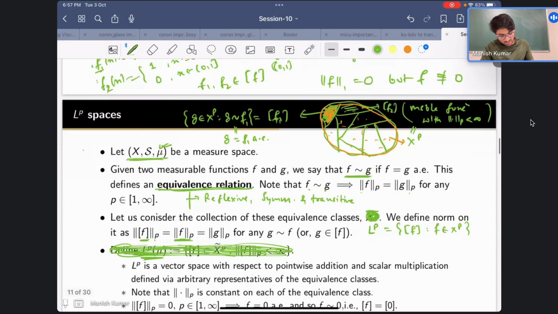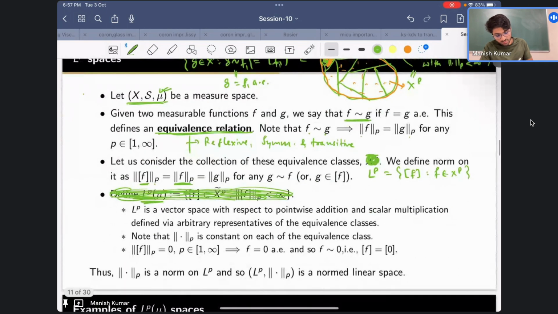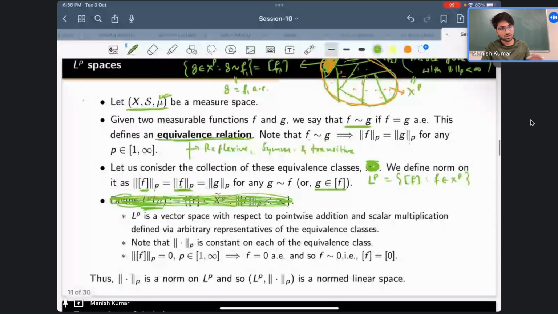So we define the norm in this fashion: the norm of a class of functions is equal to the norm of a function from that class. If you represent the class by f, then any element from this class you choose, calculate the norm p, what I have defined above, and that will be the norm of the class of f.